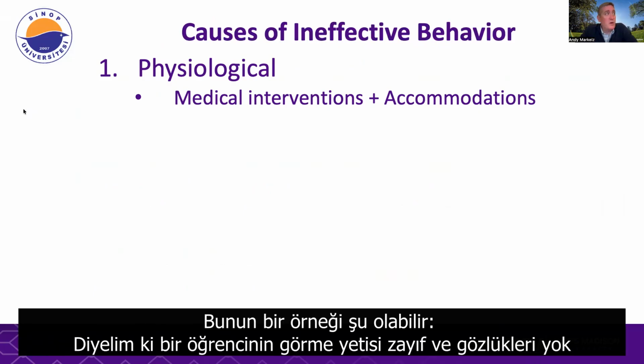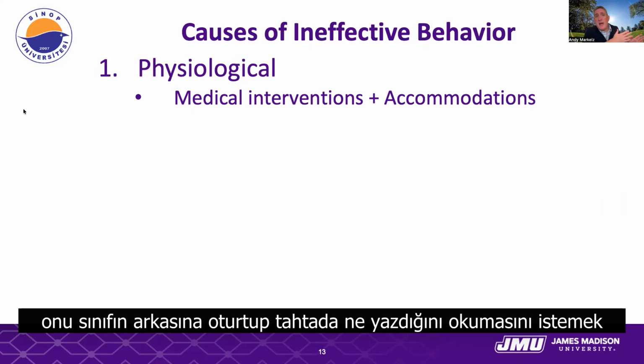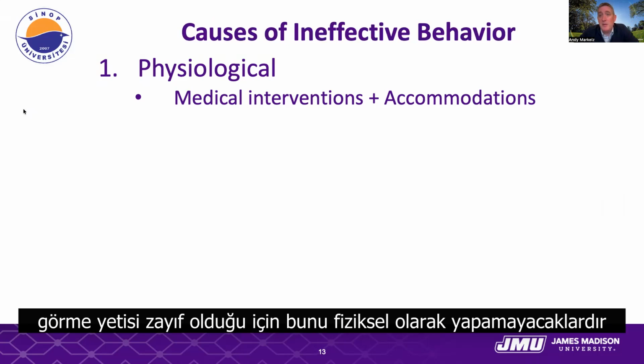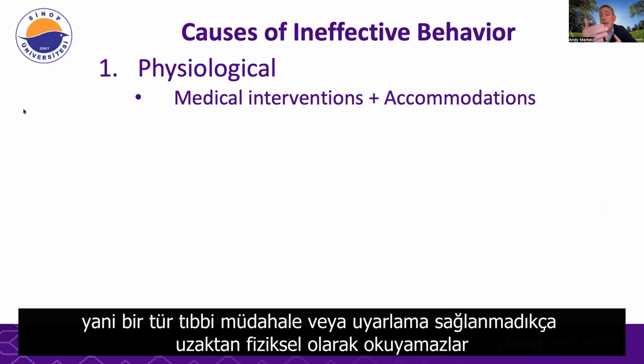An example of this is, let's say a student has low vision and they don't have glasses. Sitting them in the back of the classroom and asking them to read what's on the chalkboard or the whiteboard, they're physically not going to be able to do that because of their low vision. So they physically can't read from far away unless there's some sort of medical intervention or accommodation provided, right?